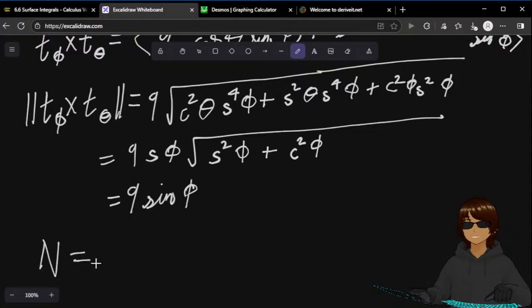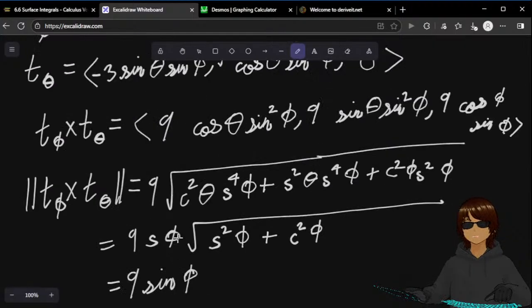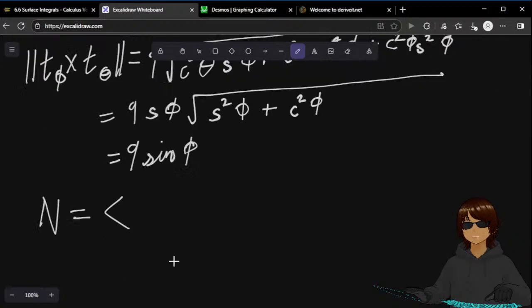So the normal here is, we get rid of the 9, we get rid of sine phi.